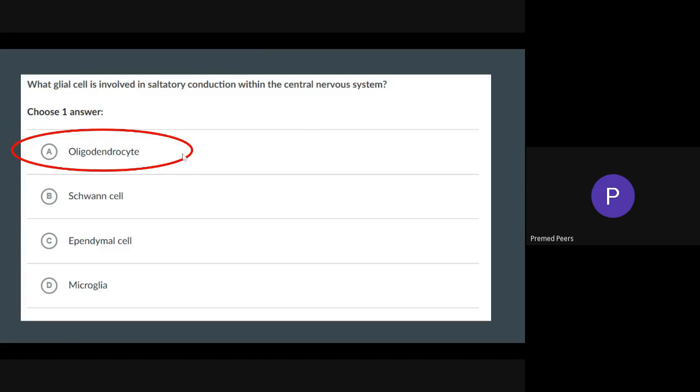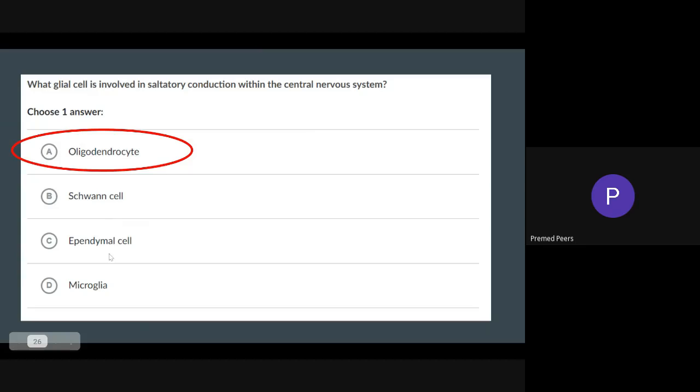Your oligodendrocytes, however, are the ones present in your central nervous system. Schwann cells are the ones present in the peripheral nervous system. These two are the ones people would probably lean towards, and Schwann cells is something someone might pick if they hadn't read central nervous system. So at least you could narrow it down to these two, 50-50.